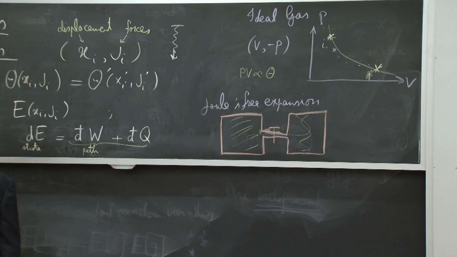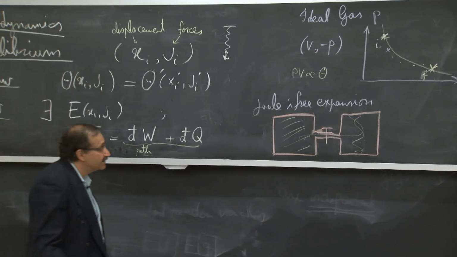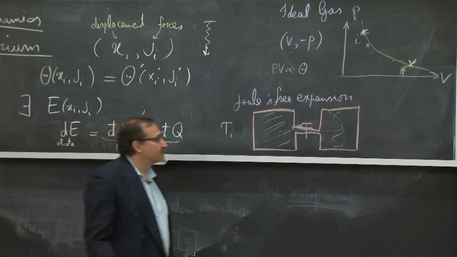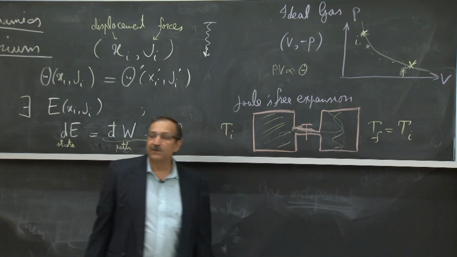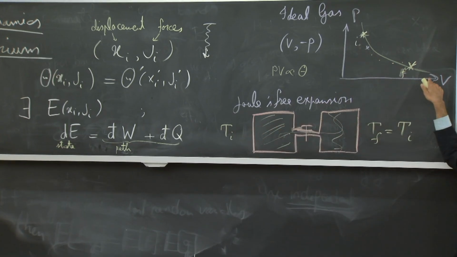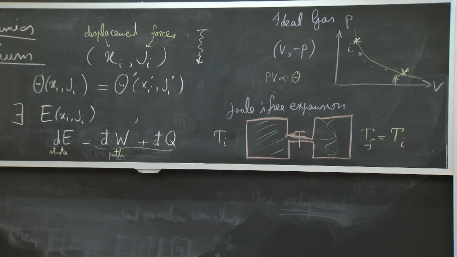The observation of Joule was that if we do this for the case of a dilute gas, I start with some initial temperature, Ti, and I go to some final temperature, but that final temperature is the same as the initial temperature. And that is actually why I put both of these points on the same isotherm that I had drawn before. So although I don't know anything about in-between points, I know that this is the property of the system.